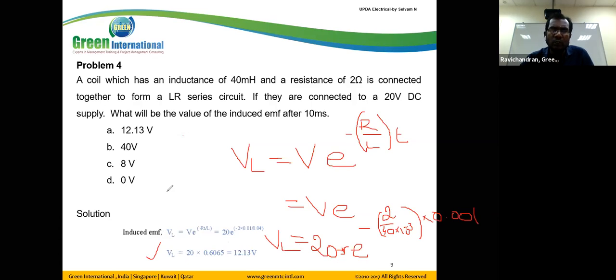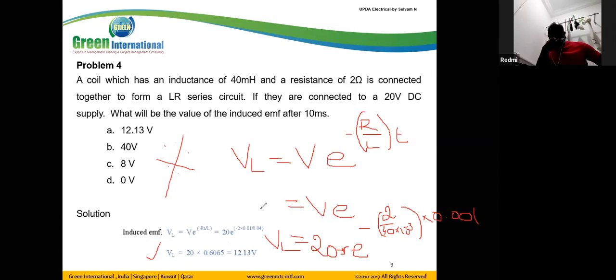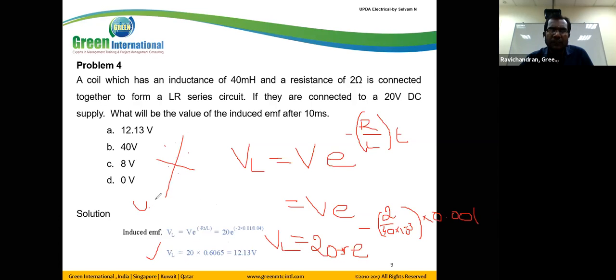And once again, it's very important: use the system calculator to find e to the power of, because we fail if we don't use the system calculator.